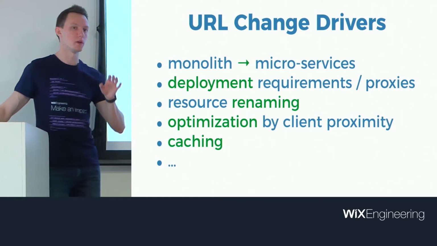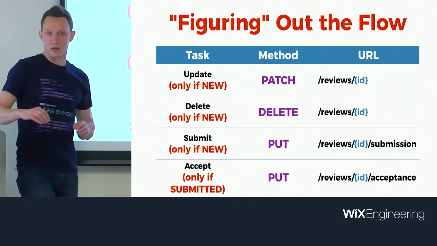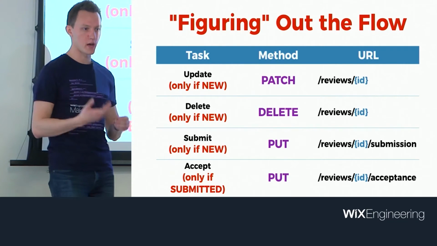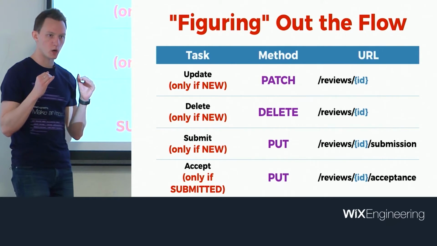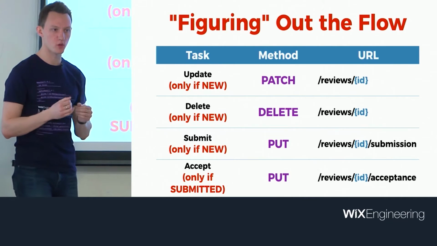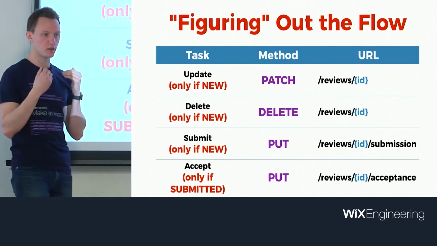But you know what? Probably this is also not the biggest concern with level 2 APIs. Your client still has to figure out the flow, right? Just think about it for a second. Now, when I want to issue a submission for my review, I, as a client, have to know that it must be in the state new.